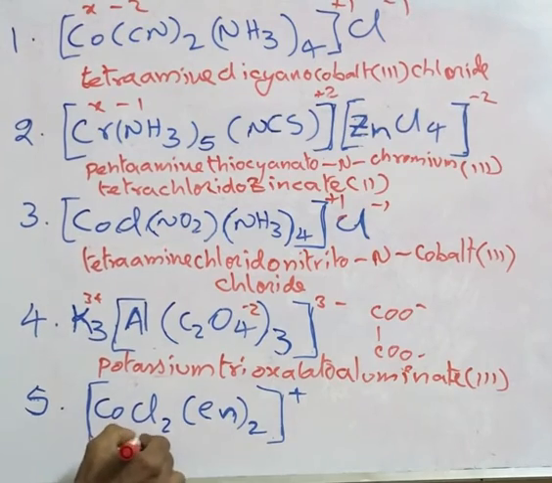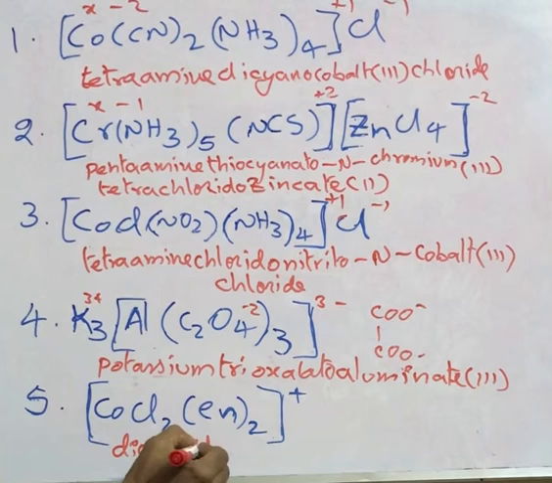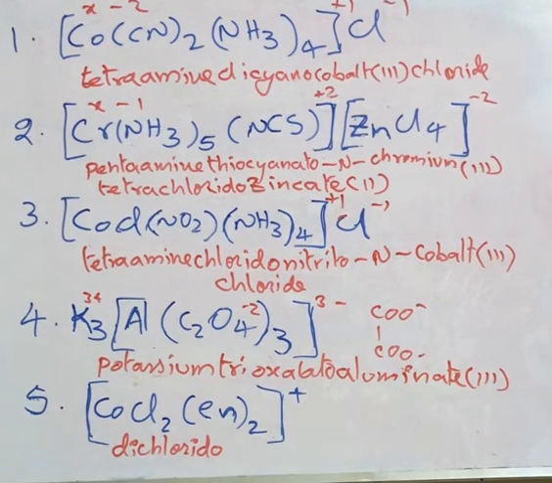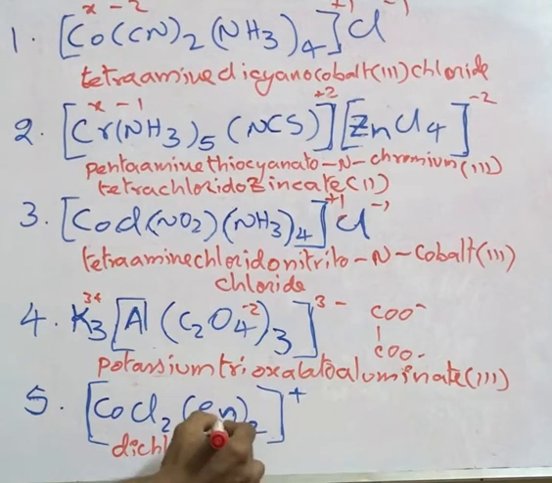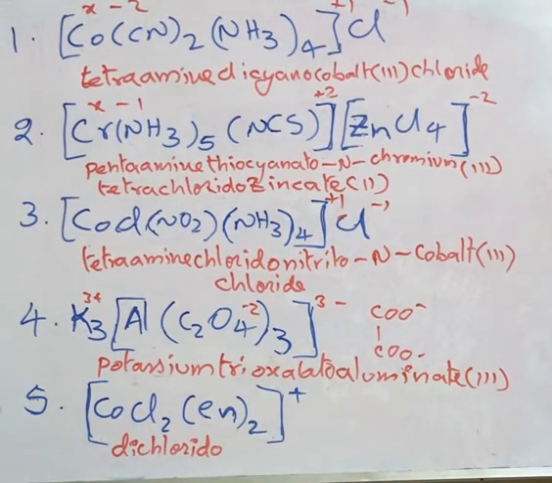As per alphabetical order, dichlorido comes first. Then this is ethylene diamine. In ethylene diamine itself there is already a di in the name, so such ligands need to be named differently. If they have 2, it should be bis; if they have 3, tris; 4, tetrakis, like this.